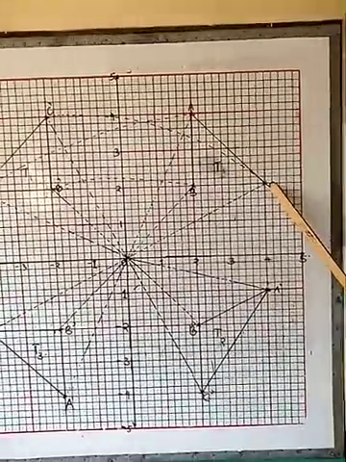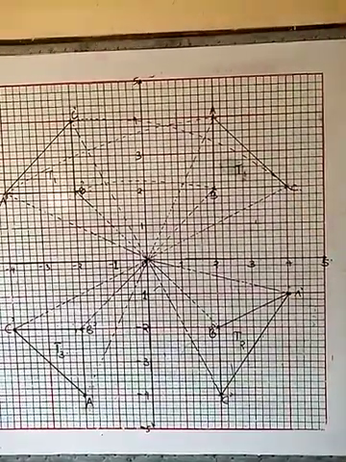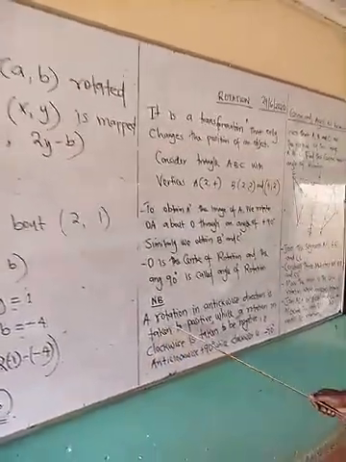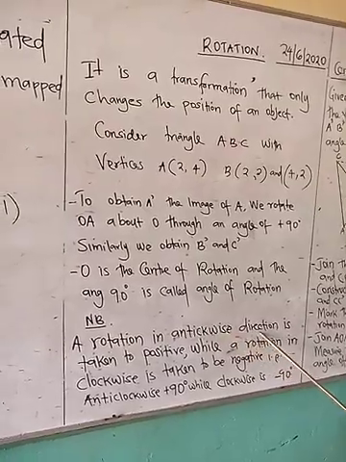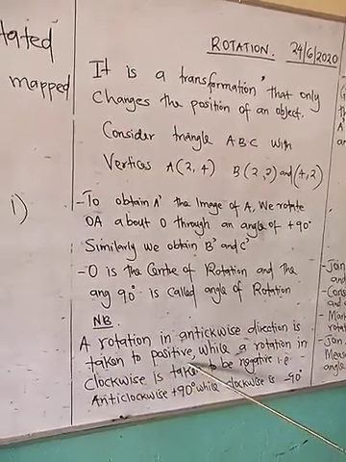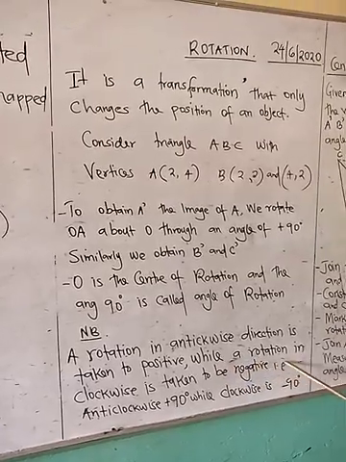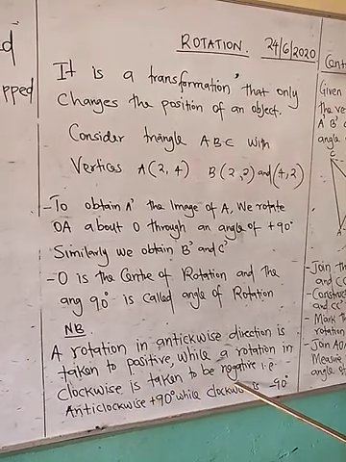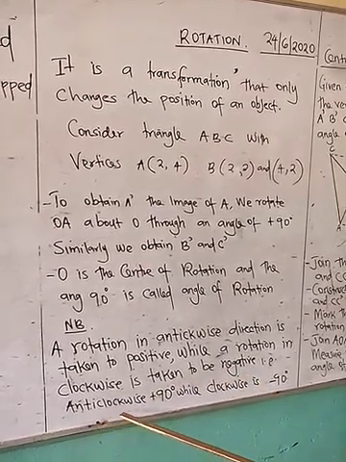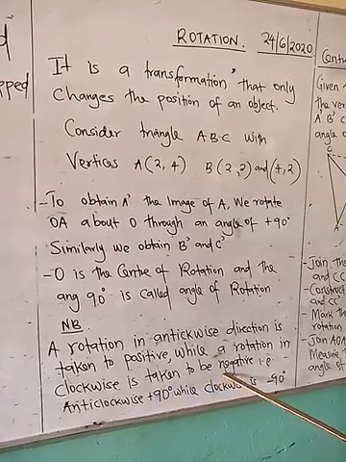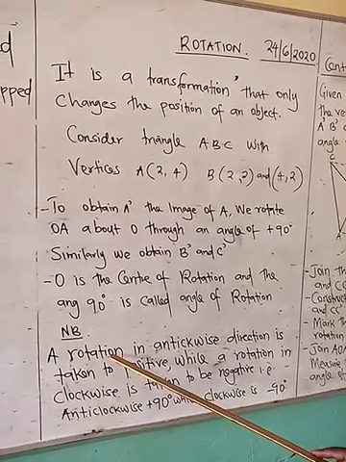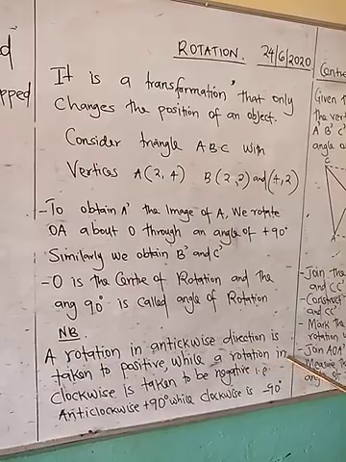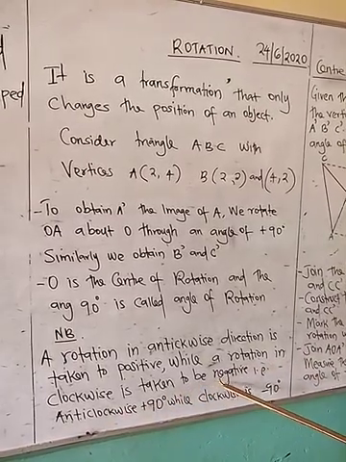When we are doing a rotation of negative degrees, we note that a rotation in an anti-clockwise direction is taken to be positive, while a rotation in a clockwise direction is taken to be negative.